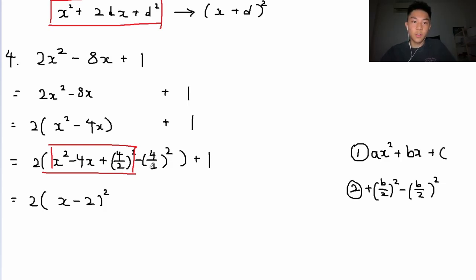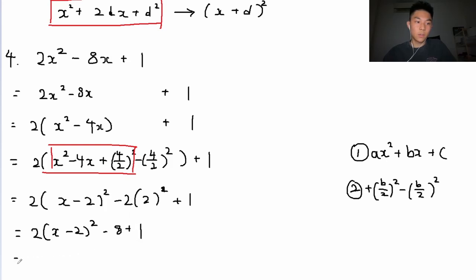Our − (4/2)² is inside the bracket where the 2 is, so we want to expand it out. 4/2 is 2, so − 2 × 2² + 1. So I simplify it, (x − 2)². 2², that's 4. Minus 2 times 4, − 8 + 1. So our answer is 2(x − 2)² − 7.